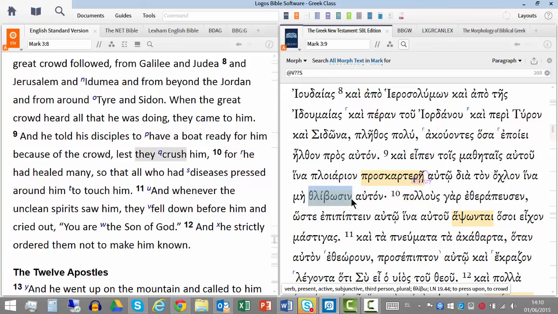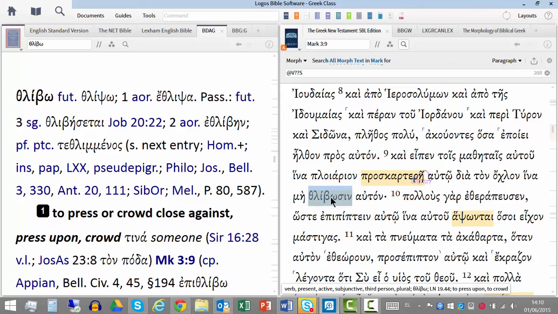Thlibōsin is our next one. If I double click, you'll see it's from thlibō. So our stem is thlib. You can see the lengthened connecting vowel, omega, third person plural ending, sin.